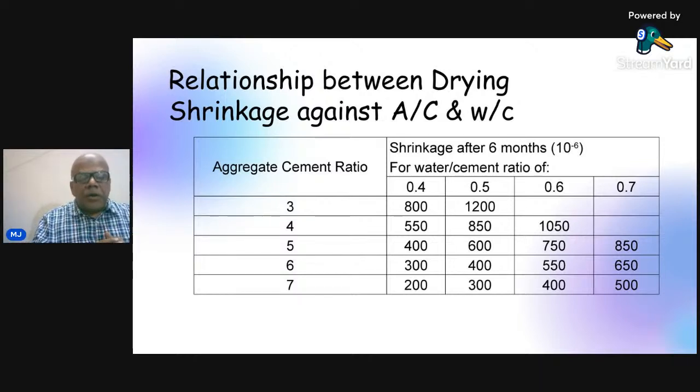So when we speak about 500 into 10 raised to minus 6, in terms of percentage, you will see it is 0.05 to 0.5%. Within that range, your concrete is going to shrink through drying shrinkage. And for every such thing, as we say there is a curse, what is the biggest curse of our concrete? It is our drying shrinkage, because you cannot control it.